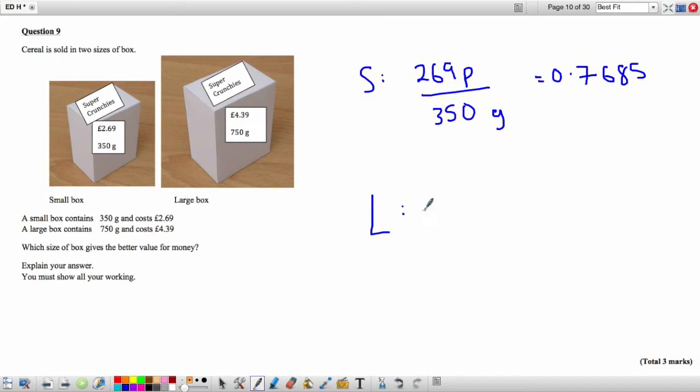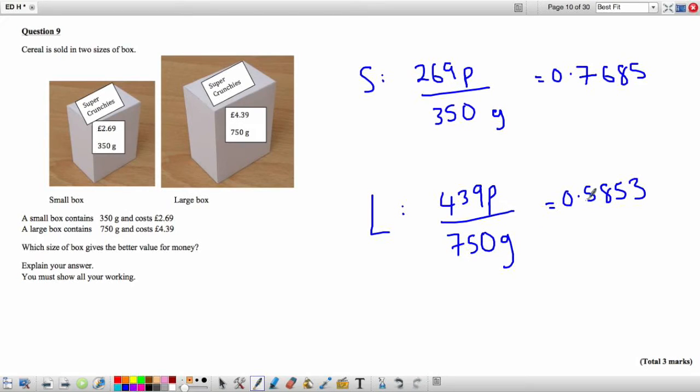Comparing to the large, the price converted to pence is here, divided by the total weight, 750, which is 0.5853. So here we can see that the large box is better value because it costs less per gram than the small box.